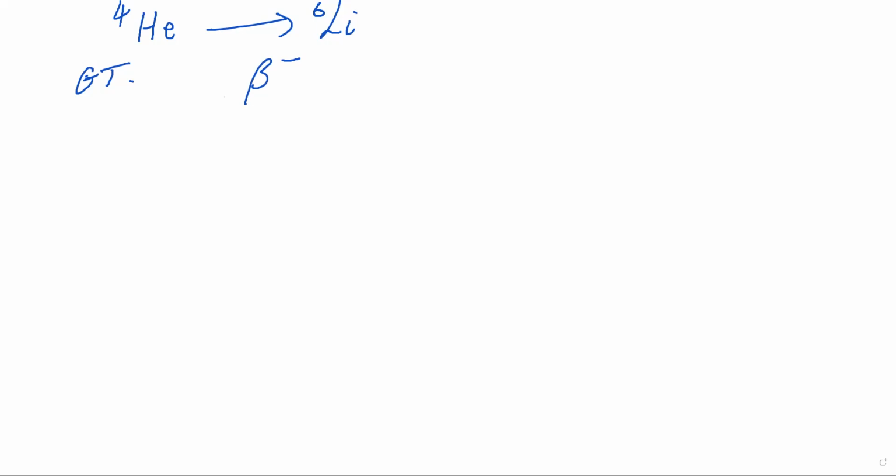But if we follow the simple rules we were using, and apply those rules and selection rules, then what do you think the values will be? It would be a beta negative decay, delta I would be equal to 1, and its parity will remain unchanged. Hence, it would be an allowed Gamow-Teller decay. Just a moment. Okay, so helium-6 is possible, but it's not given in the book.